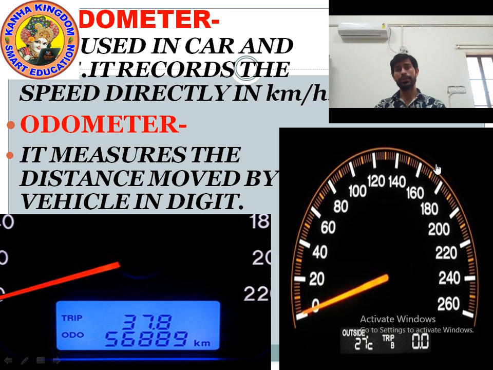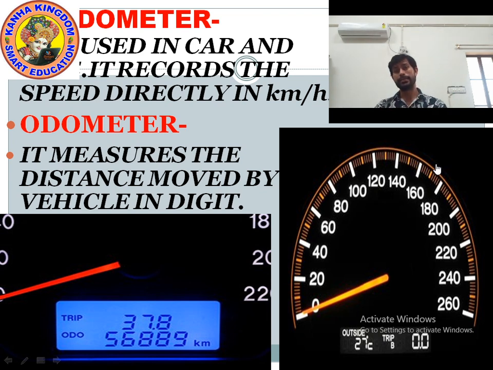The meter in which 0, 20, 40, 60, 80, 100, 120, 140, 160 is written, followed by the last, 260, and one yellow color pointer is shown, that is showing the speed.